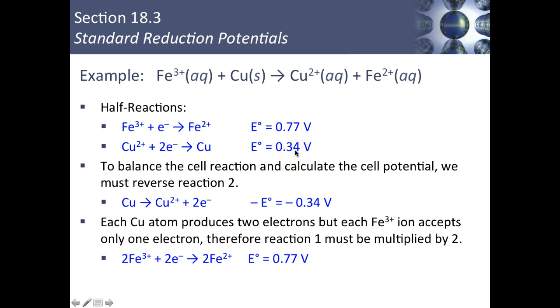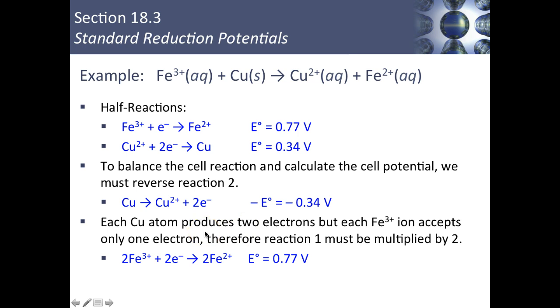Overall, we're going to balance this out, but we notice that according to our reaction at the top, it doesn't show copper 2 going to copper solid. It actually shows copper solid being changed into copper 2 ions. That being the case, that means we have to reverse the reaction, reverse the sign.